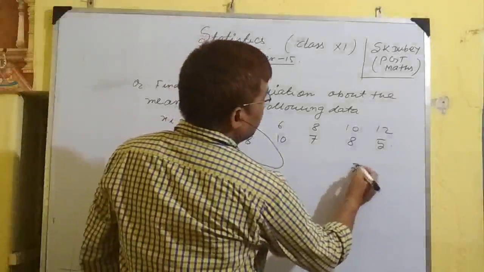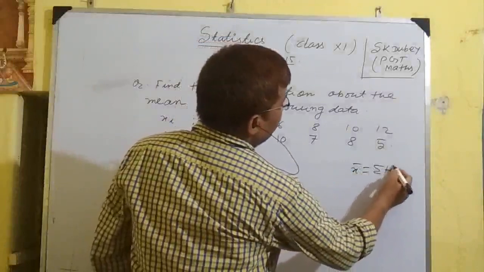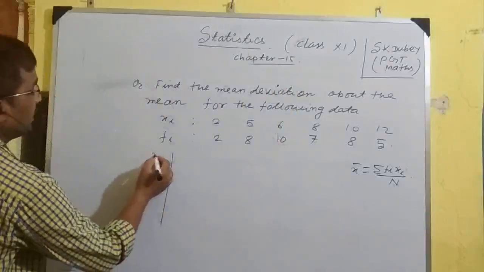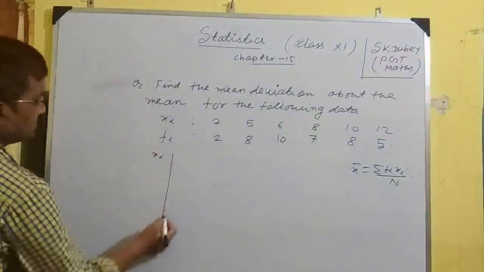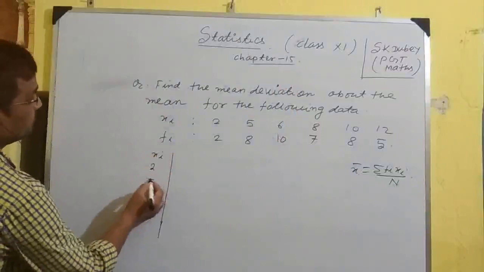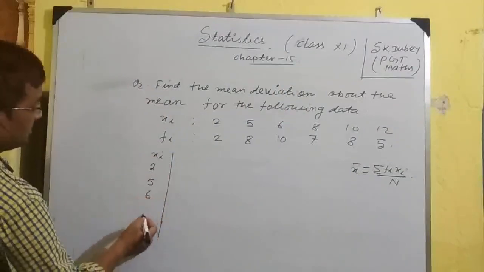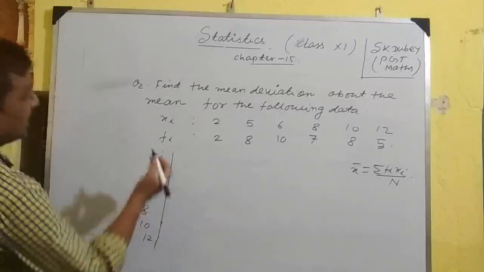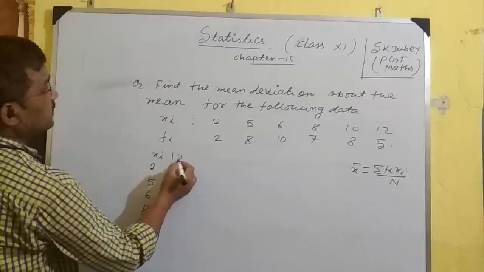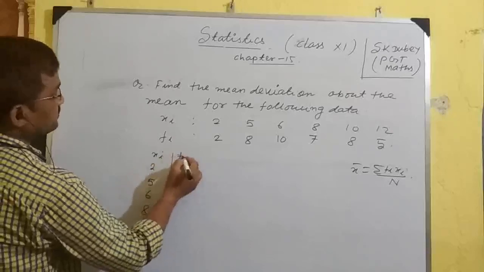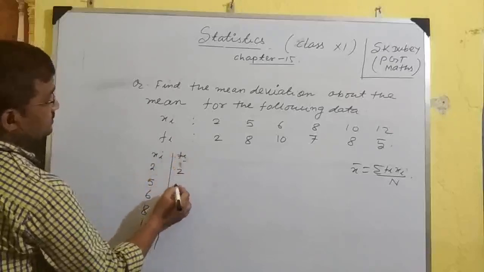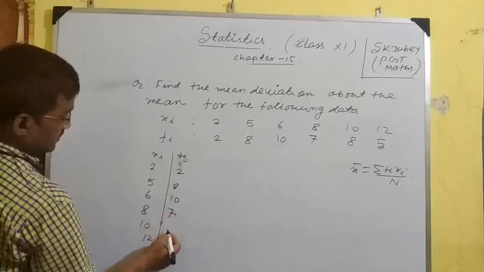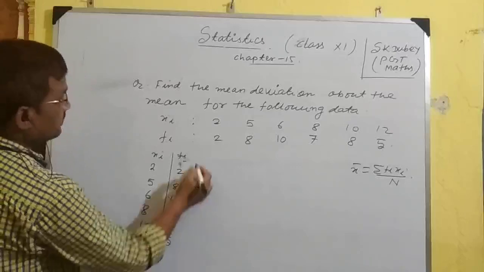The mean x bar is the summation of fi xi divided by n. So our observations xi are 2, 5, 6, 8, 10 and 12, and their frequencies are 2, 8, 10, 7, 8, 5.